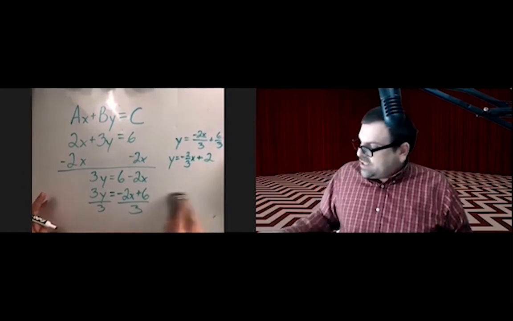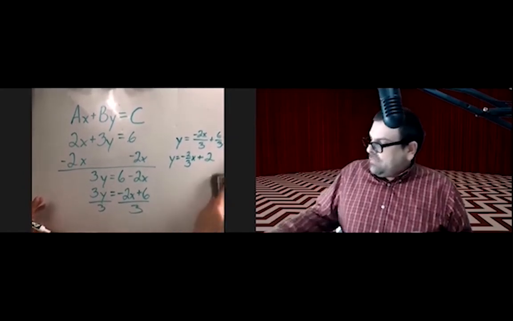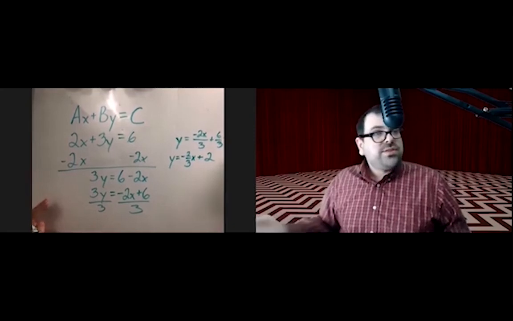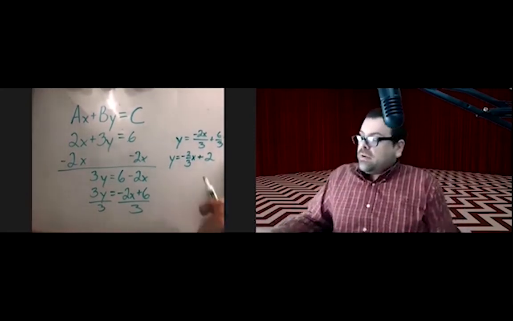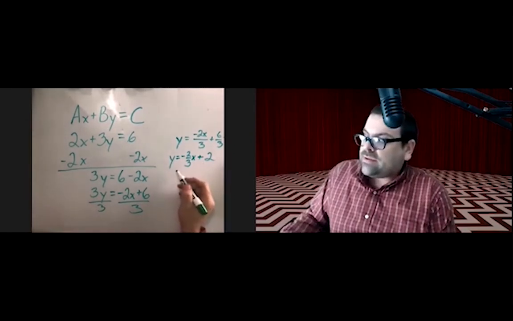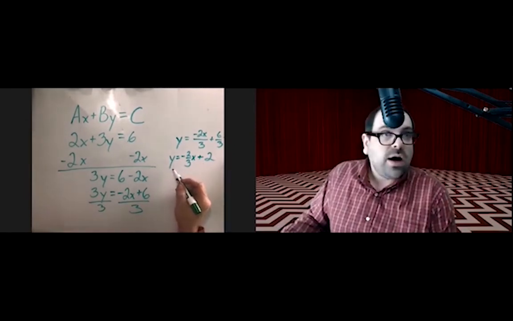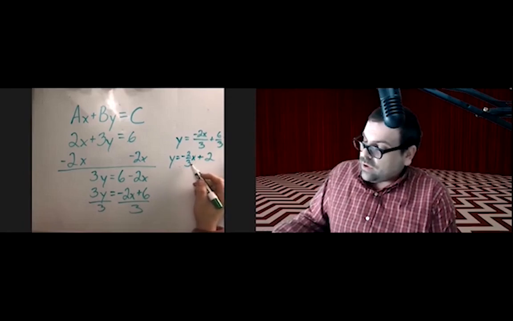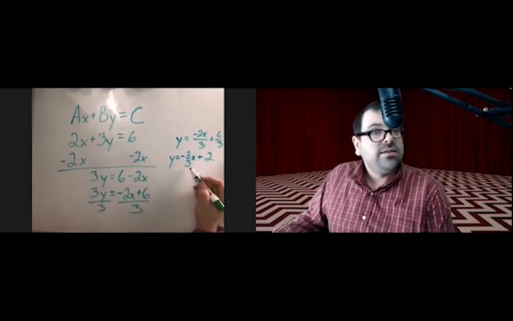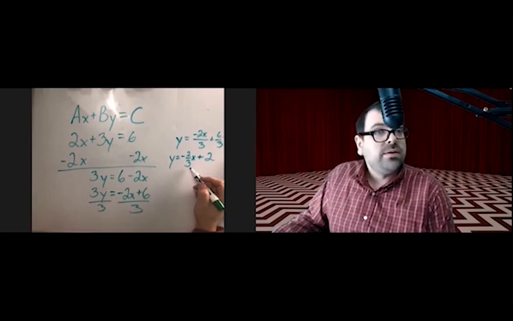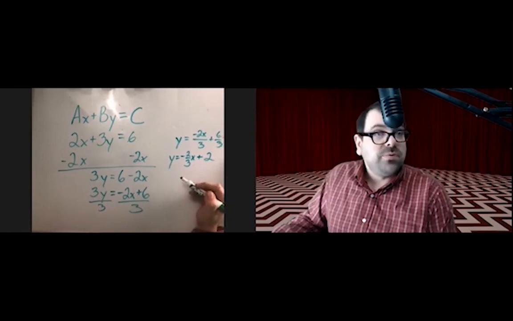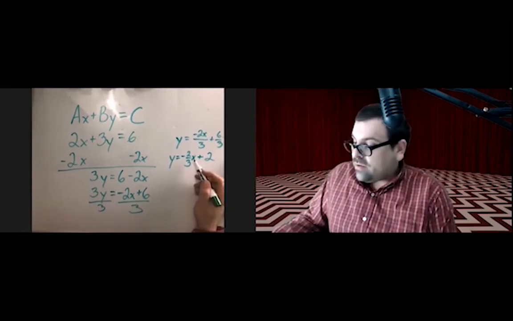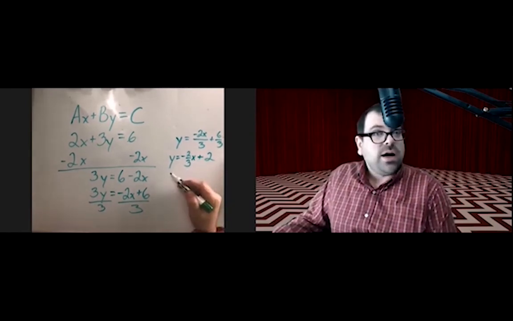Okay, why did we solve this for y? Well, we could have just started picking x's and plugging them in. But when it's like this, we see that to find our y, we're going to need to take our x and divide it by 3. So we want our x to be a multiple of 3 so that we can easily find these y's.